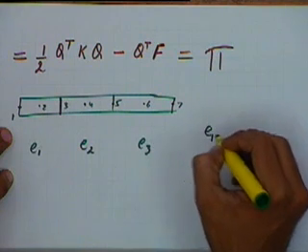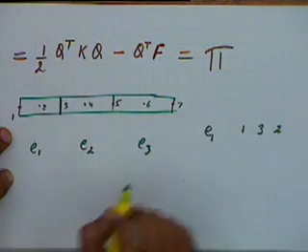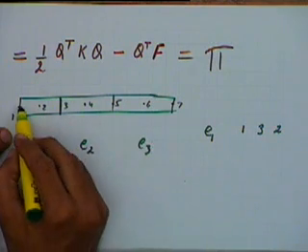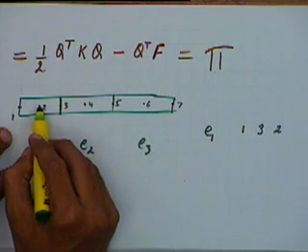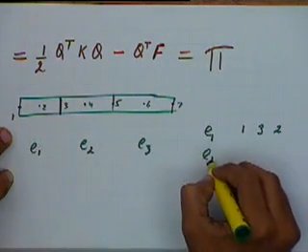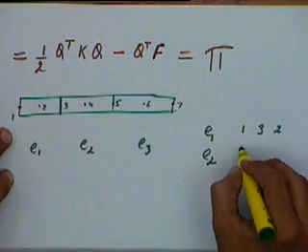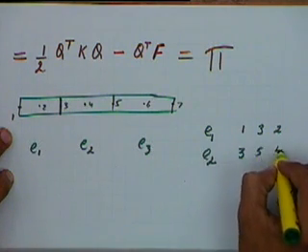We will say that element 1 is defined between nodes 1, 3 and 2. This is the first node, this is the second node, this is the third node. Element 2 is defined between 3, 5 and 4.